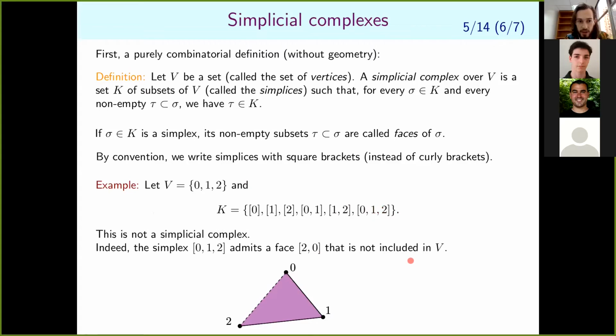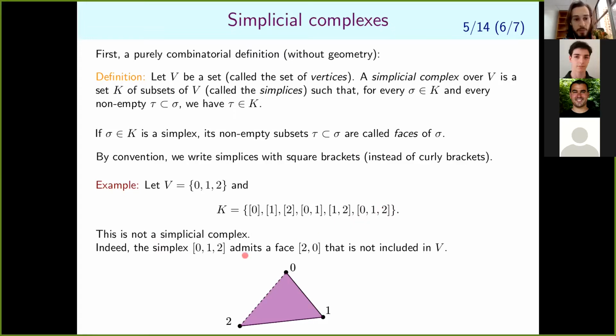Another example, which is a counterexample, this set K is not a simplicial complex, right? Because we have a simplex 0, 1, 2 that admits a face which is not in the simplicial complex.